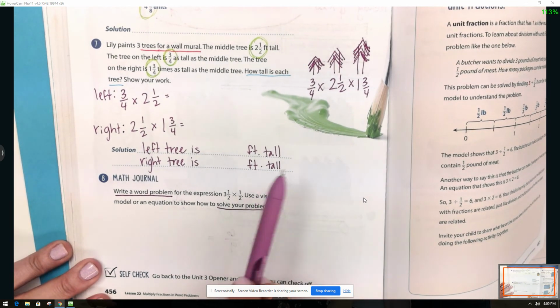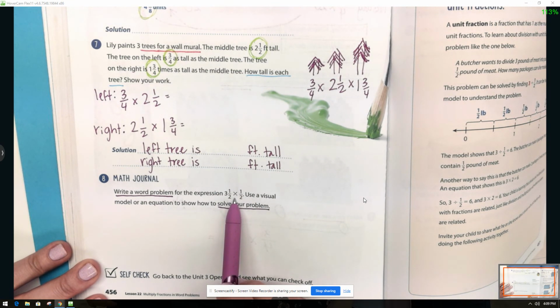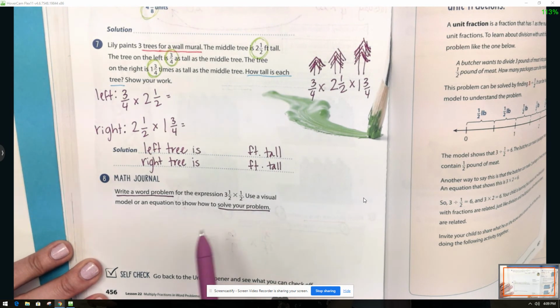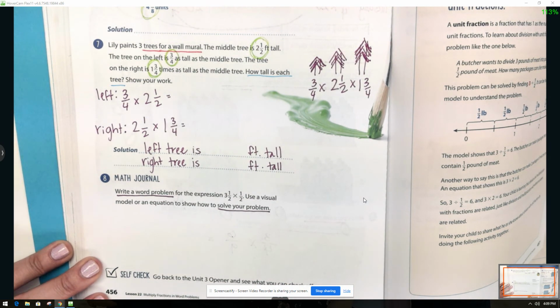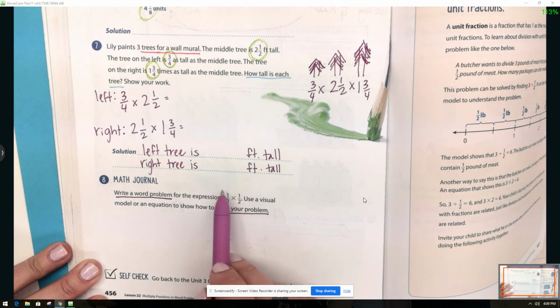You could say, I had a cat that was 3.5 feet tall, and my dog was half the size of my cat. And then you could say how big was my dog. That would work, something along that line. And then after you do that, then you need to solve the problem. What is 3.5 times 1/2?